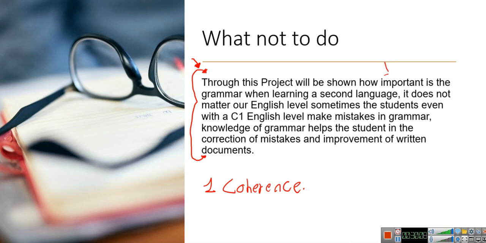Something that's lacking. The principal idea? The principal idea? Okay. Can you tell me more about that? Okay. It's about the project showing that the grammar is really important when you want to write a document. Okay, that's good. Yeah, that's in terms of content. Now, about the paragraph.